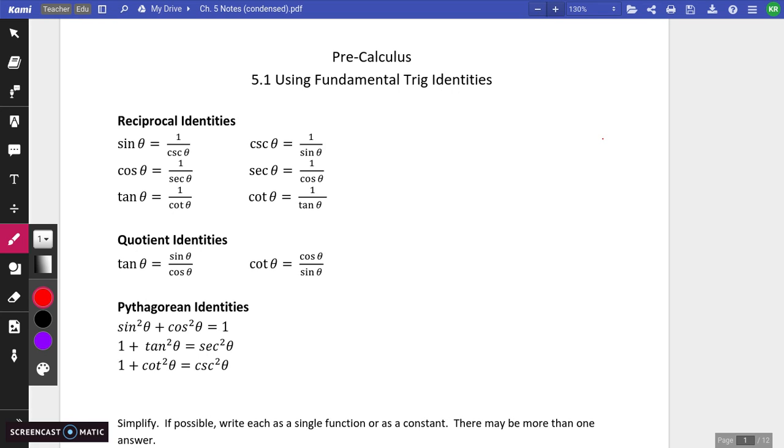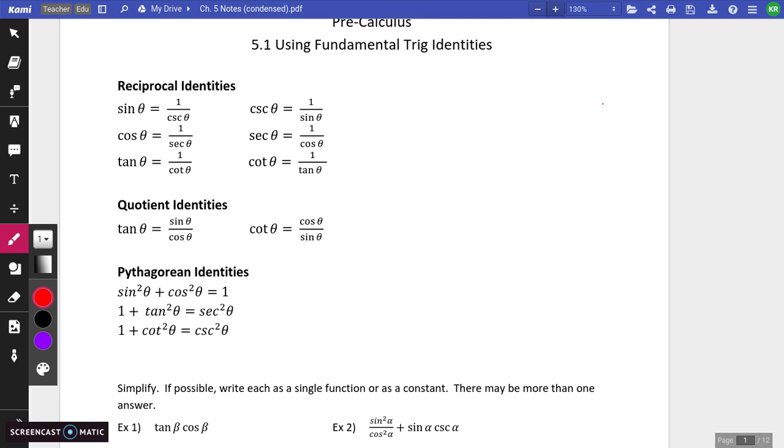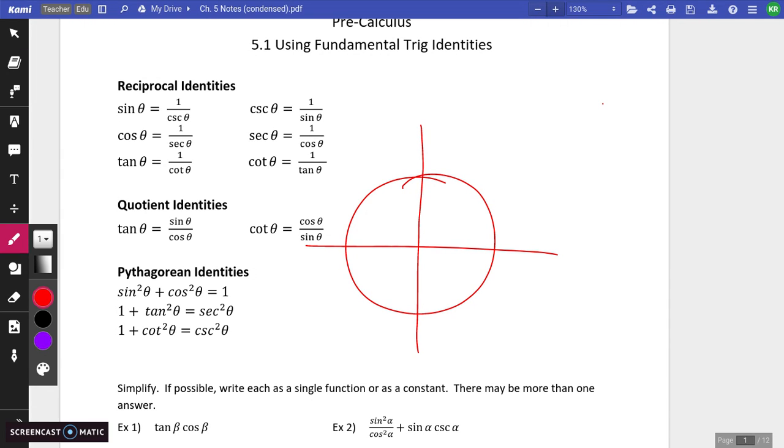All right, looking at your Pythagorean identities. Now, these are based on the Pythagorean theorem. Right triangle, a squared plus b squared equals c squared, but they are true for these trig functions also. So if you think about your unit circle, I'm just going to do a real generic unit circle here. And let's say I am looking at a 30-degree angle.